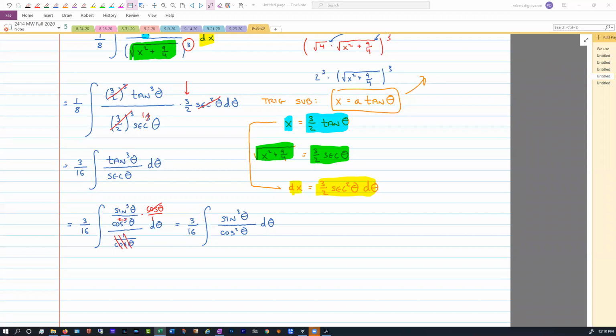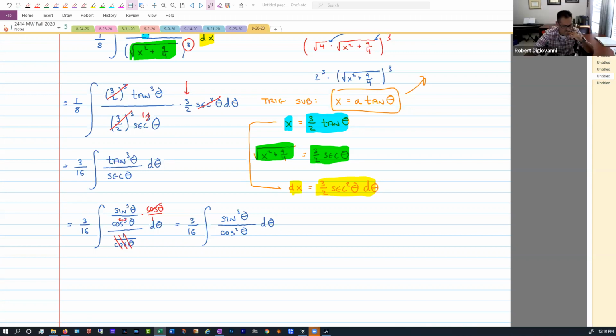I actually have a question. Oh, go ahead, Nick. This does pertain to the next step. Can we just turn the equation into 3/16 integration of sine cubed theta over 1 times 1 over cosine squared theta? Wait, say it again. Like what we did in the last step.